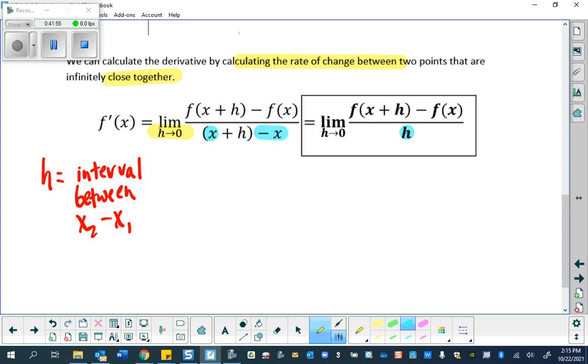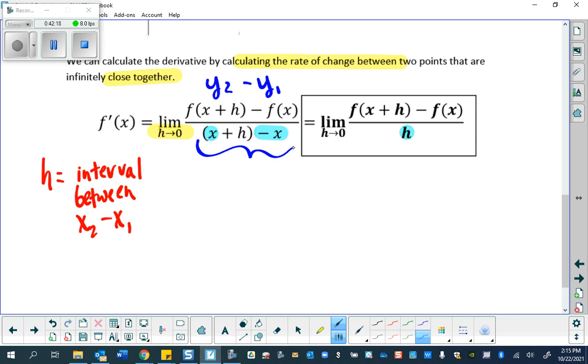f of x plus h minus f of x, that's just the difference between our outputs. That's just y2 minus y1. That's going to be our difference between our outputs. But this is the kicker here, that you can understand what happened to those x's.